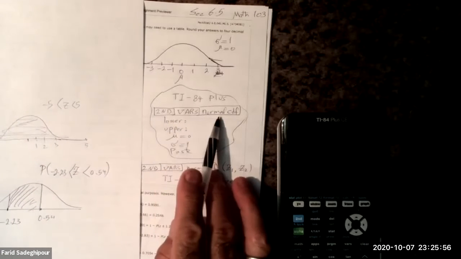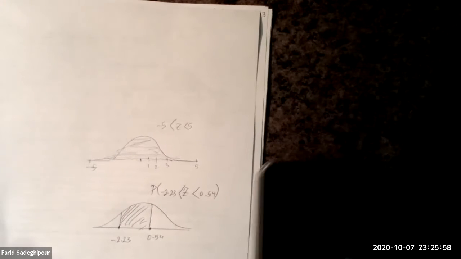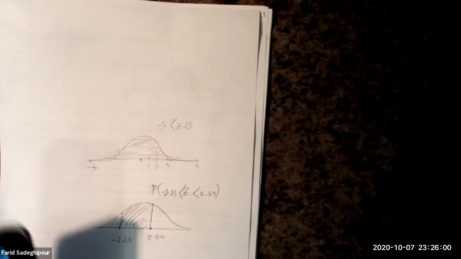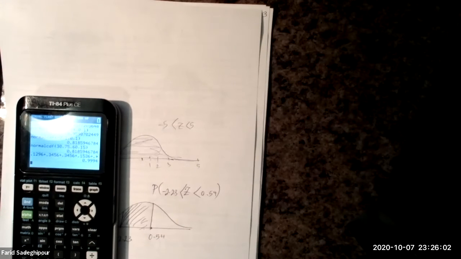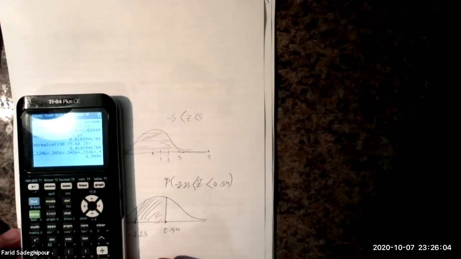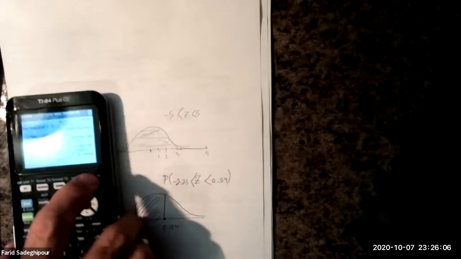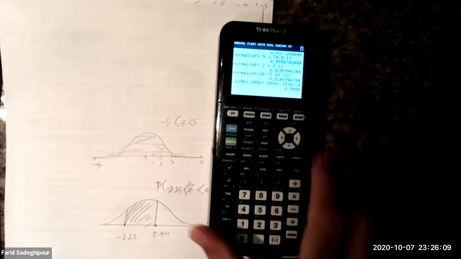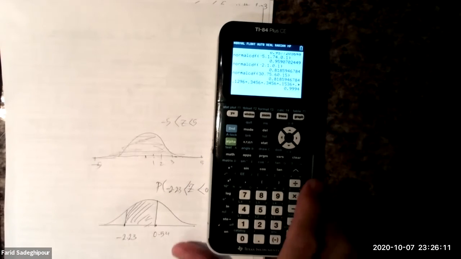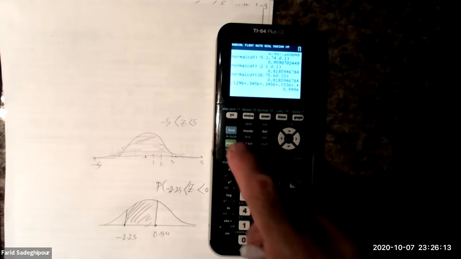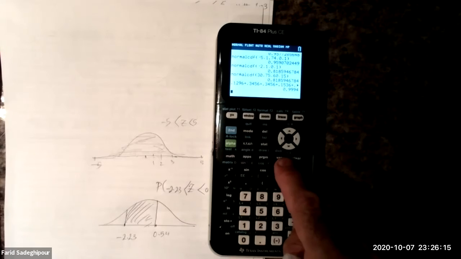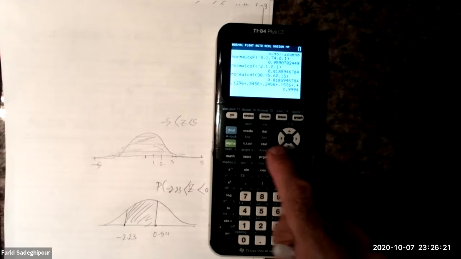So we said we were using what? Second VARS, normal CDF. Second, and this is VARS. You see the VARS? Because below, under that is distribution.